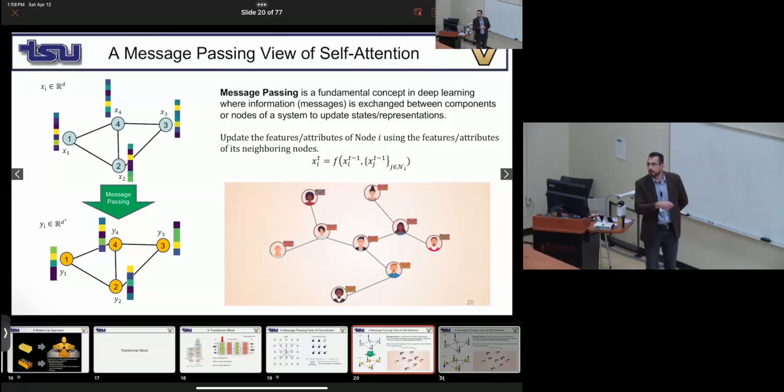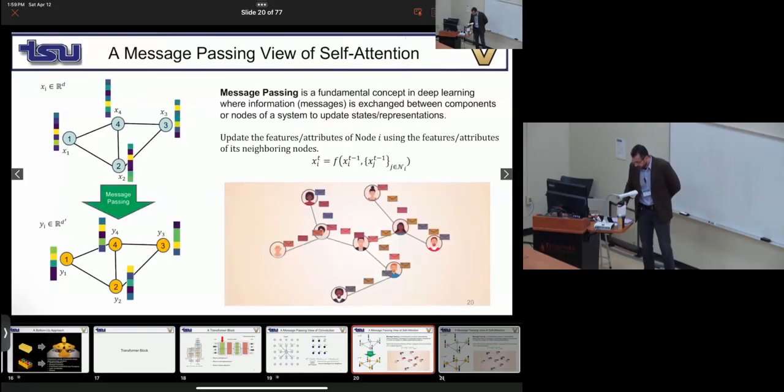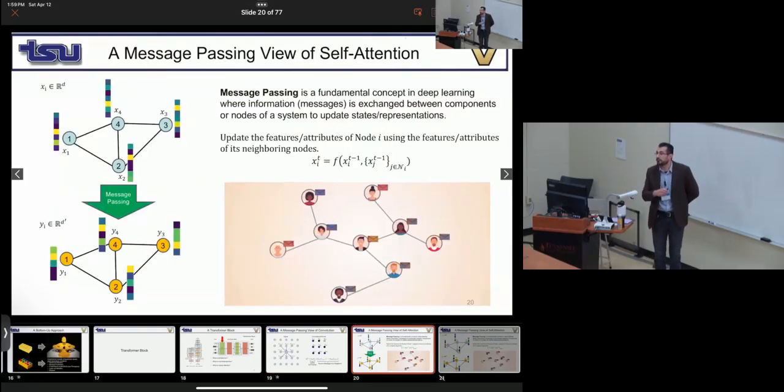For the convolution, we saw that this is what happens. I can think about what I wrote in the next slide as a generalization of this equation. That function is simply linear here, but in this case I wrote a general function f.